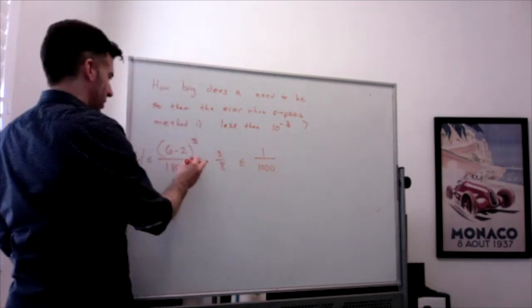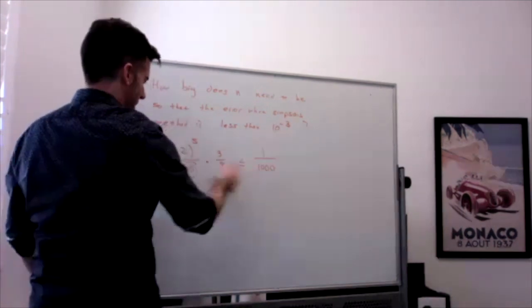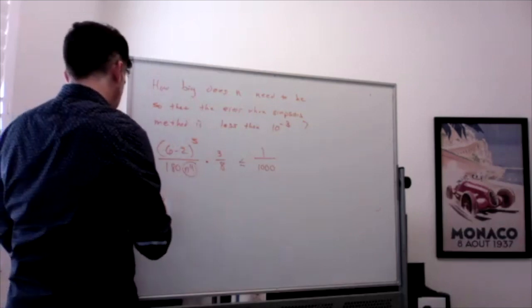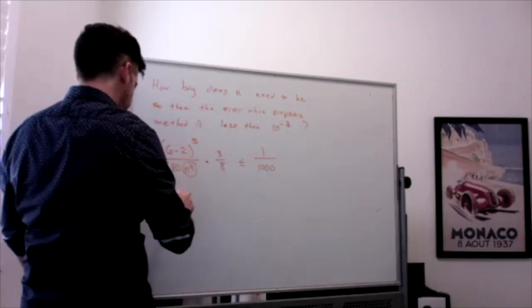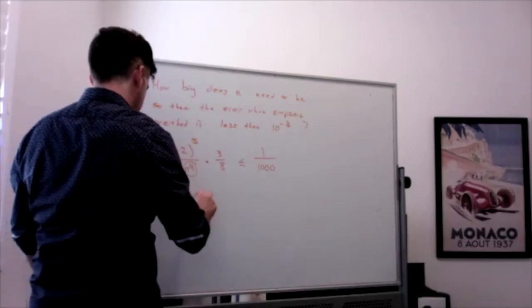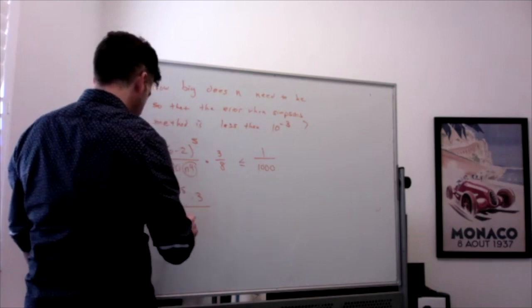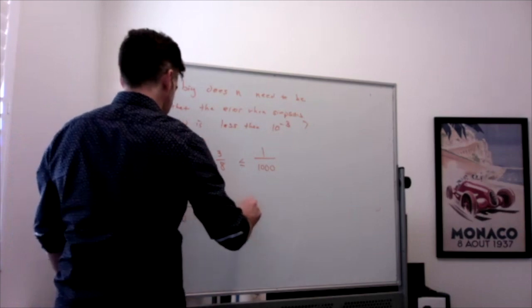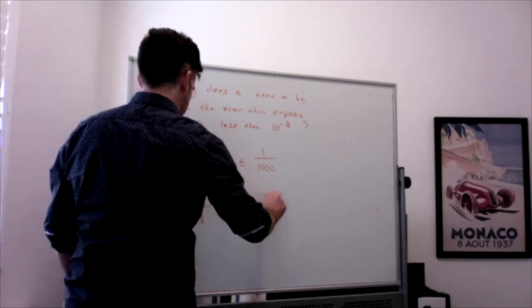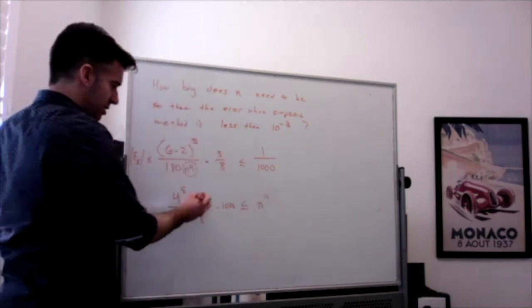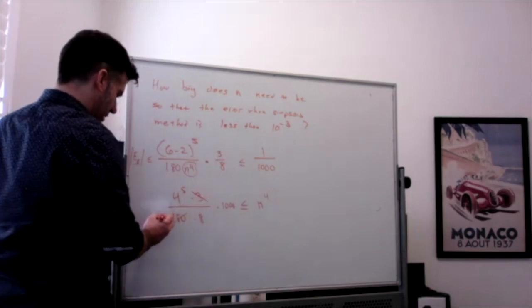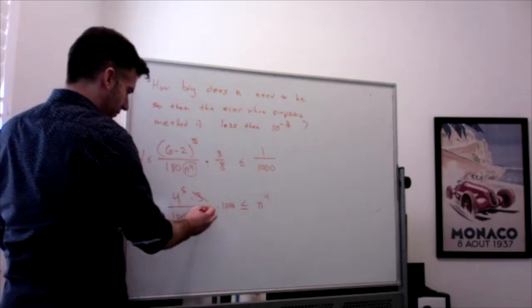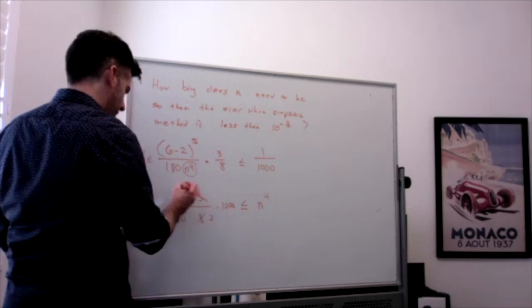So again, I'm going to multiply the n to the 4th up there and the 1,000 over there. So let's see, I've got on this side 4 to the 5th times 3 over 180 times 8 times 1,000 has to be less than or equal to n to the 4th. We can simplify this a bit. I can cancel a 3 here and a 3 here. I can cancel a 4 here and a 4 here.